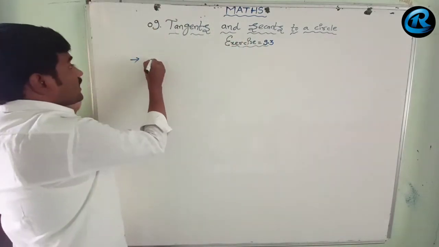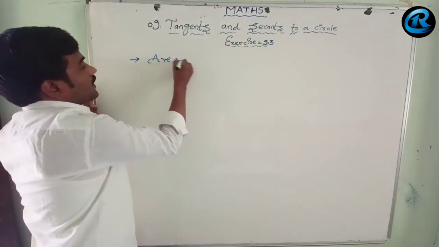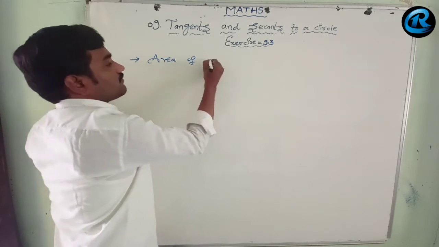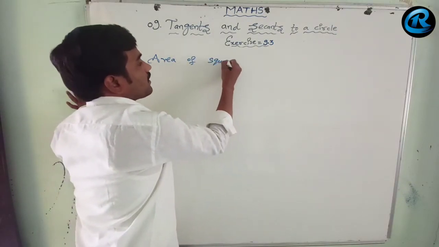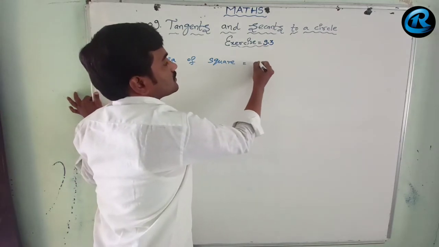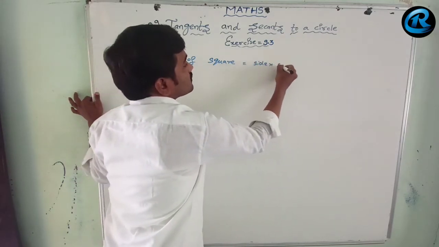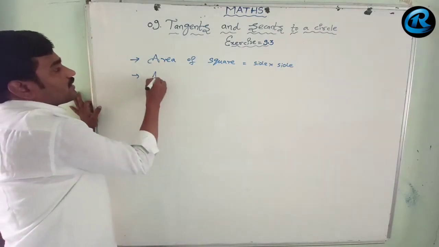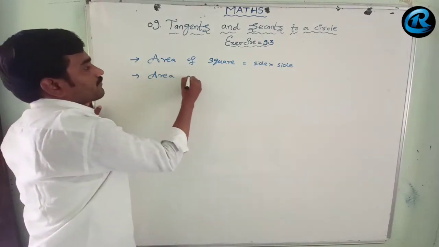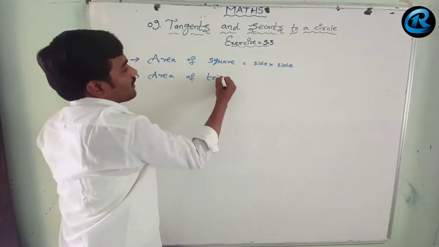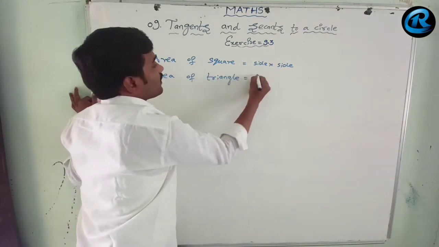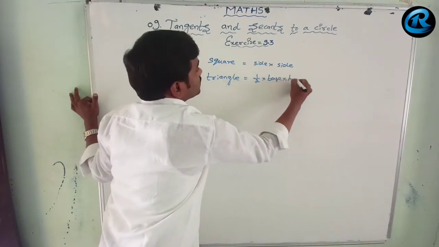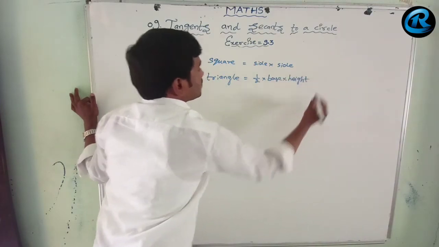Okay, the area of a square is equal to side into side. Then the area of a triangle, the formula is 1/2 into base into height.